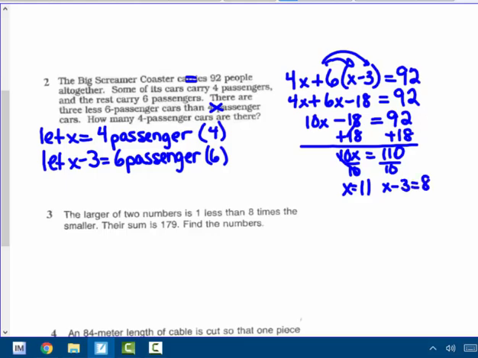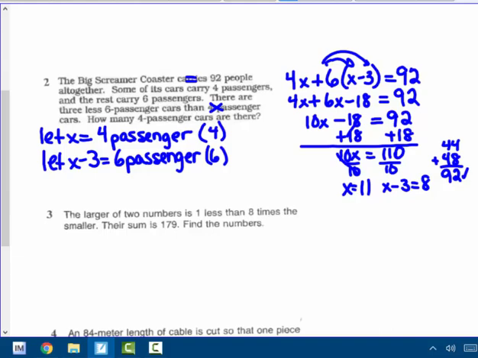So if there's 4 passengers in the 4-passenger cars and there's 11 of them, 11 times 4 would give me 44. And there are 8 cars that have 6 passengers in them, that's 48. If I add 44 and 48 together, do I get 92? Yippee, there's my check.